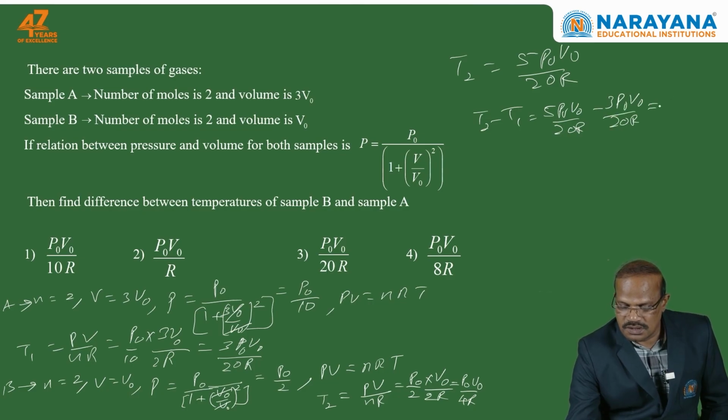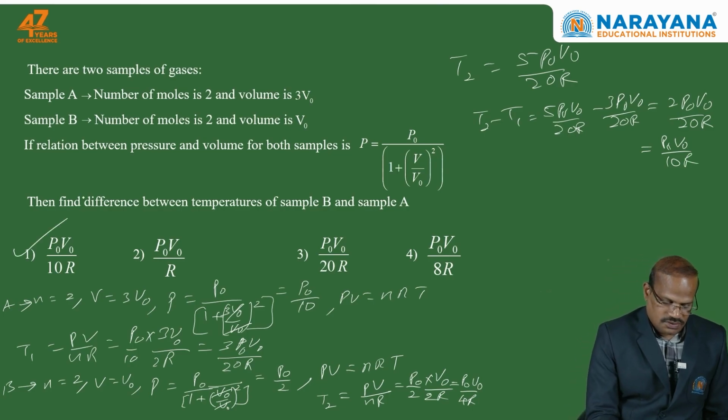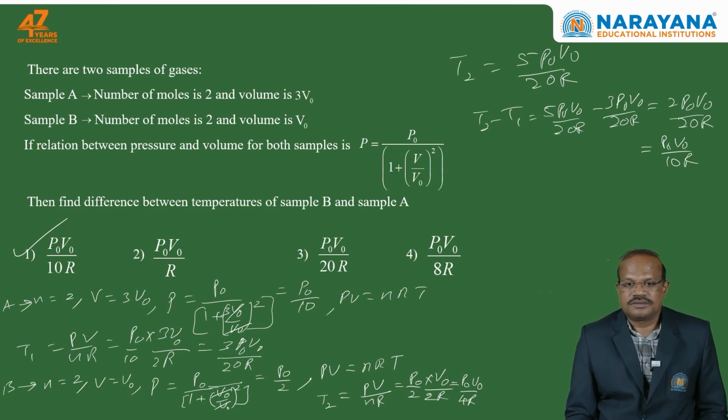This is 2 P naught V naught by 20R, so P naught V naught by 10R. This is the temperature difference. So the correct option is option 1.